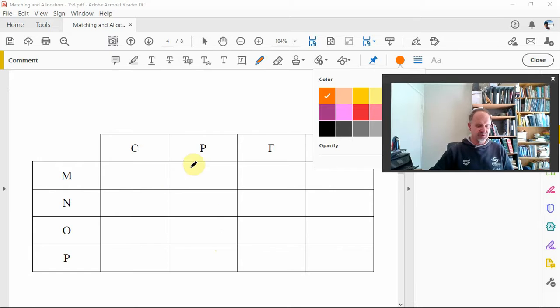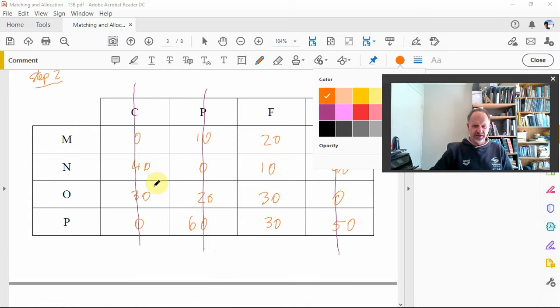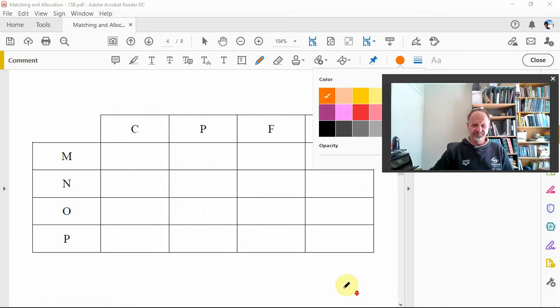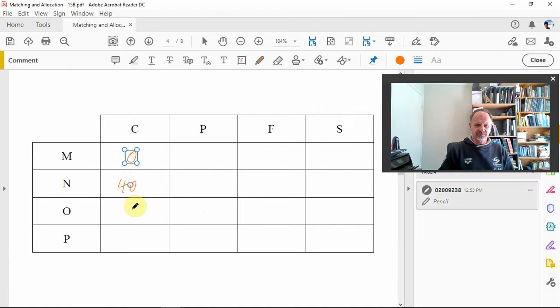The columns with the lines in them, I'm going to leave those. So 0, 40, 30, 0. The next one across was 10, 0, 20, and 60. This one over here was 30, 40, 0, and 50.